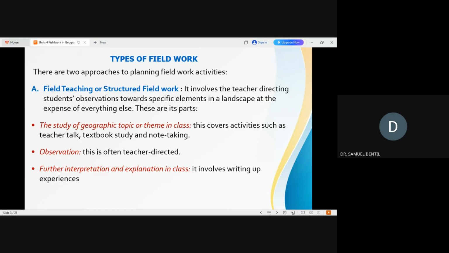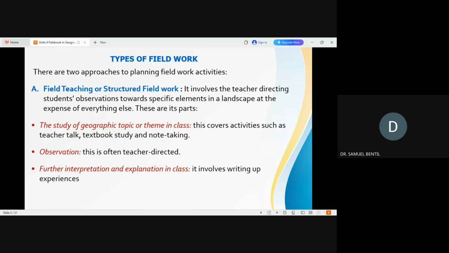Fieldwork. That means that in the unstructured fieldwork, the learner is given the opportunity to take the center stage in doing all the field activity, unlike the field teaching or the structured, where the teacher rather directs most of the activities and provides even some specific information or knowledge to the learners. Are you getting the difference?